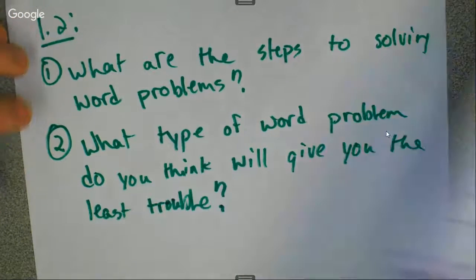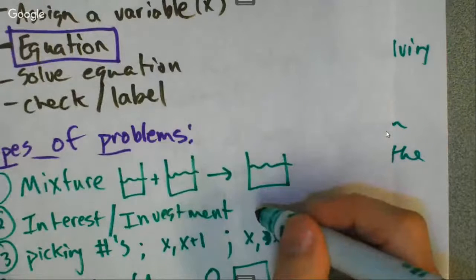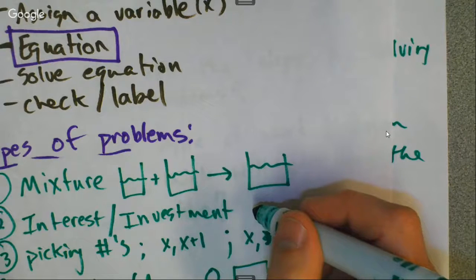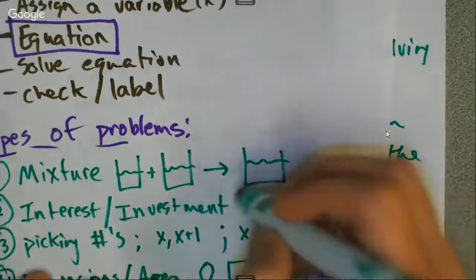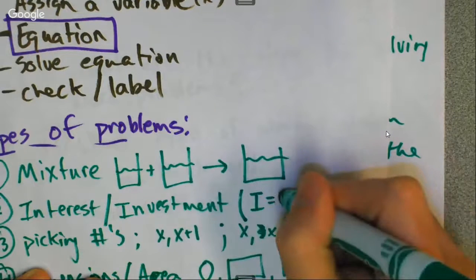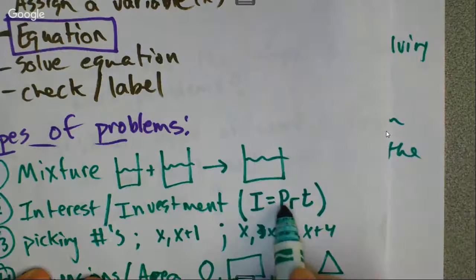I also want you to write down this formula. We will have some formulas on this, okay? And one of them I want you to know is for simple interest. So I equals PRT. So interest equals your principal times your rate times your time.